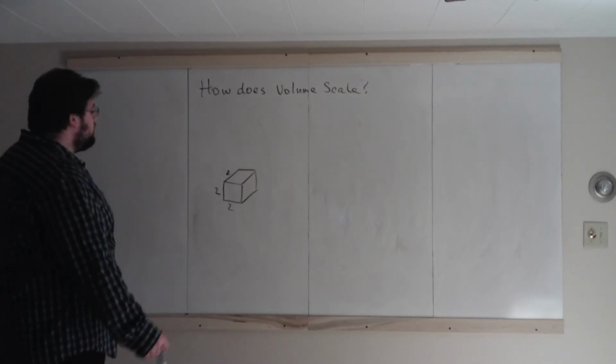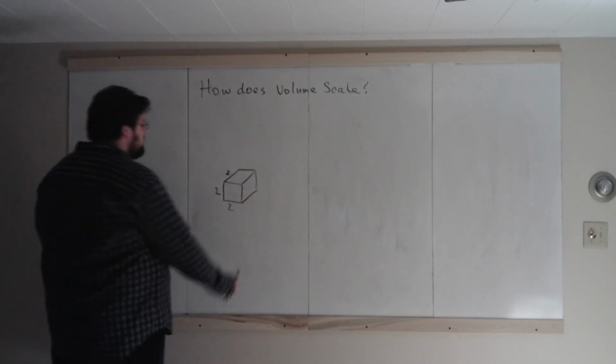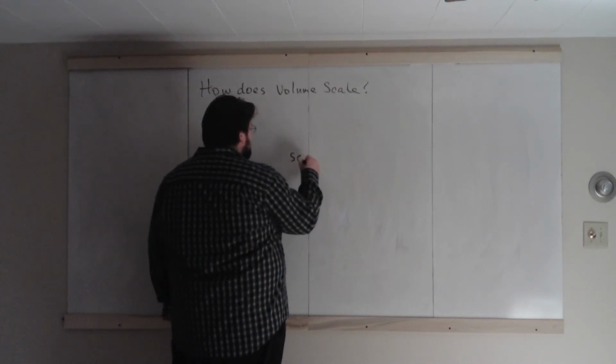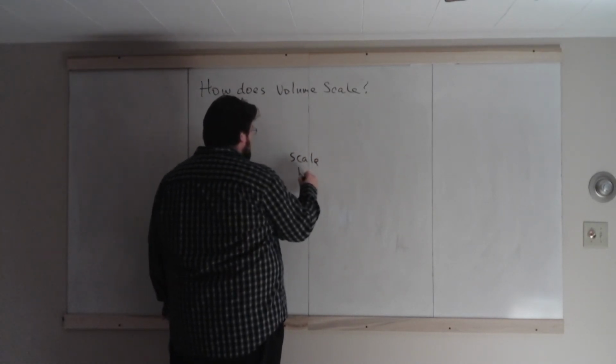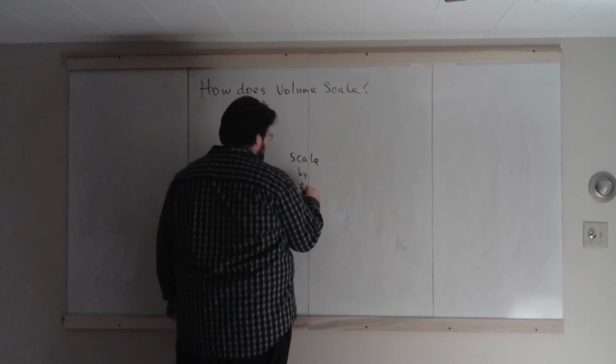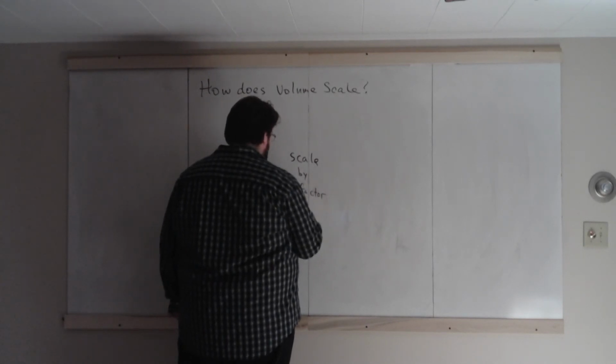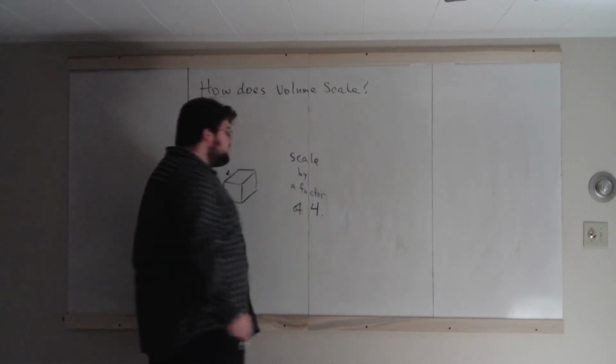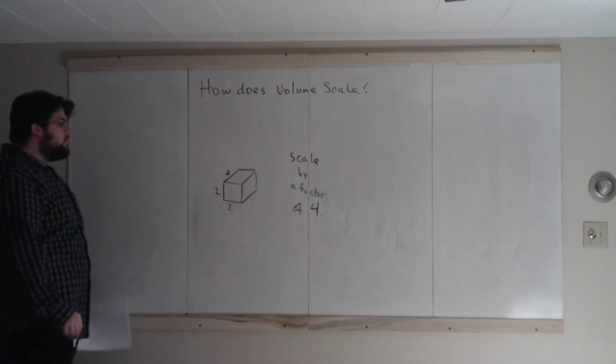We're also going to avoid taking volumes. This cube does have volume 8. That won't matter. Let's scale it up by a factor of, how about 4? Let's scale it up by a factor of 4.